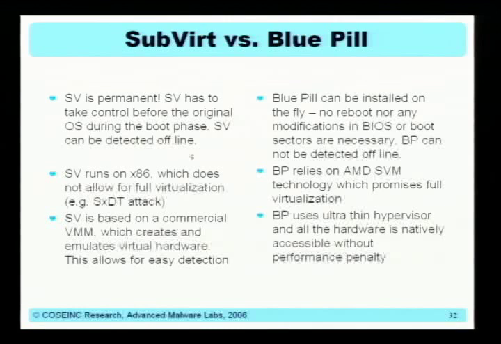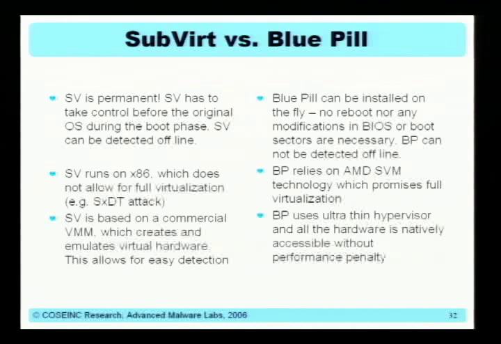Second, SubVirt was created for the standard x86 architecture. It only uses software virtualization as implemented in VMware or Virtual PC. That means that it's not resistant against SXDT attacks.